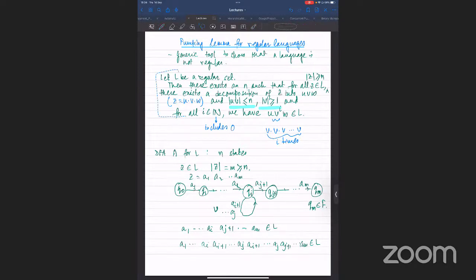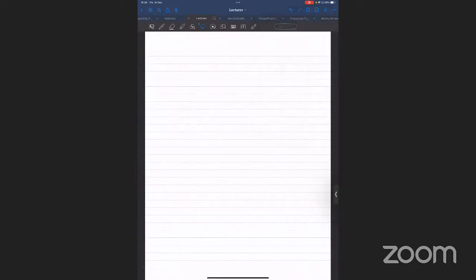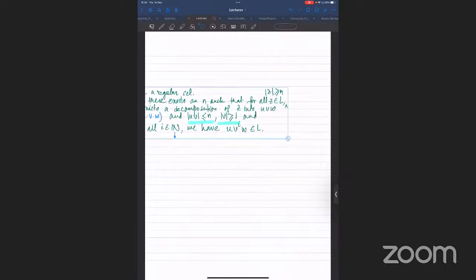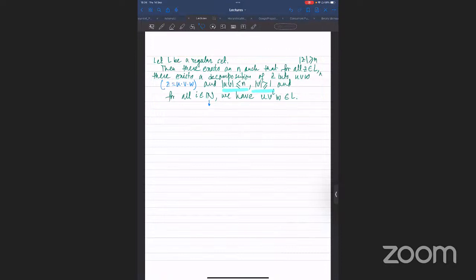Let L be a regular set. Just note this part: if L is a regular set, then this thing holds.